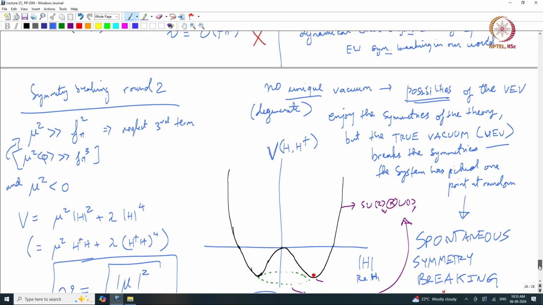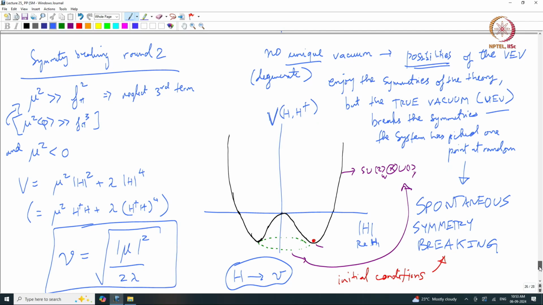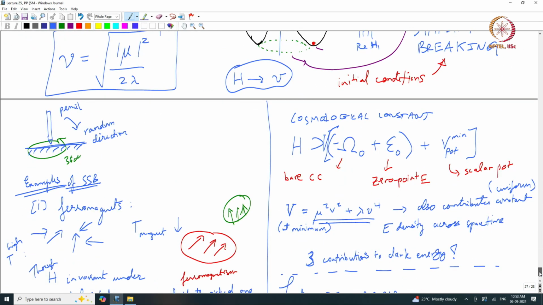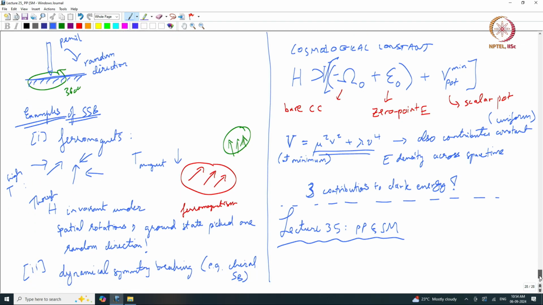The possibilities of the minima themselves enjoy the symmetry of the theory, but the actual vacuum picked by the field configuration can only take on one value, and this can only happen spontaneously, right. So, spontaneously the symmetry got broken.